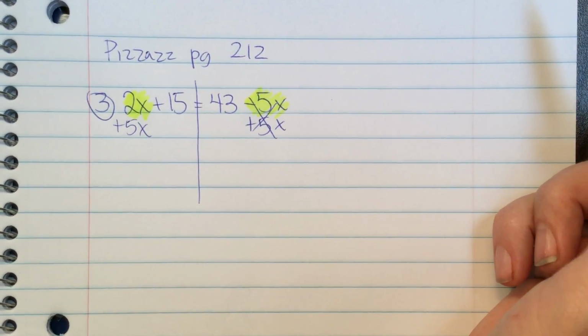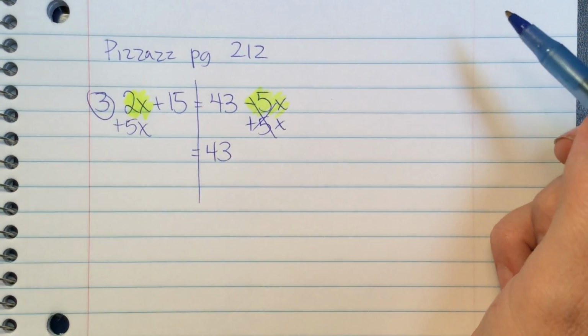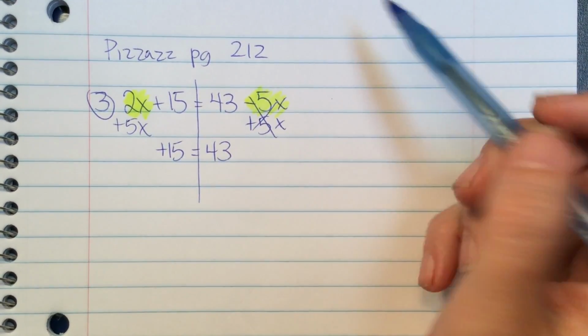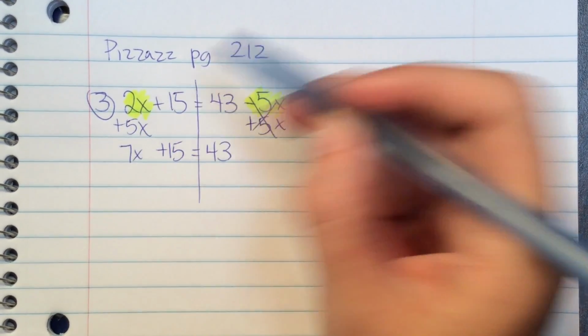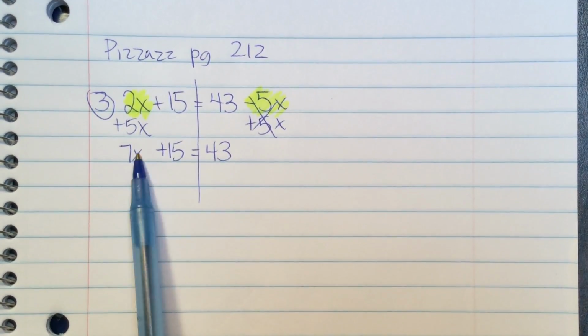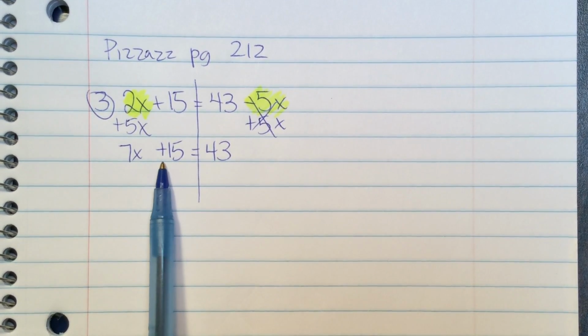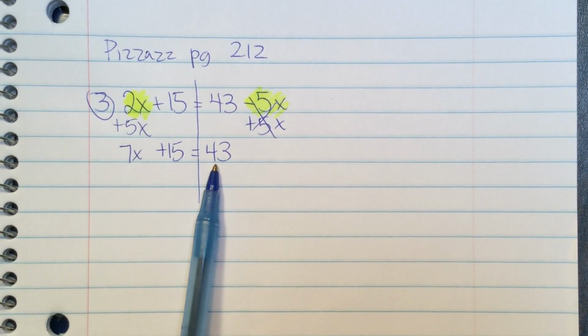And that one's going to go away. So we're going to get 43 on this side, plus 15 on this side. And then 2x plus 5x is 7x. Notice what we have here is really just a 2-step equation: 7x plus 15 equals 43.